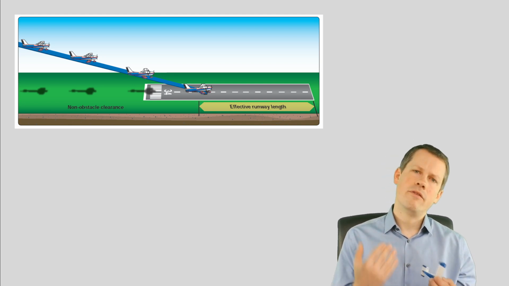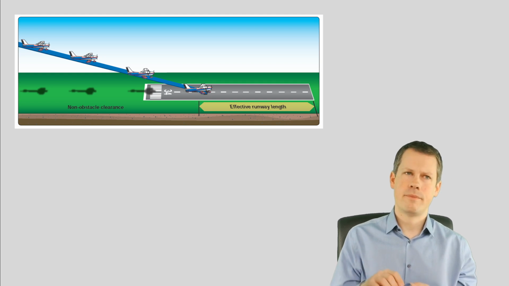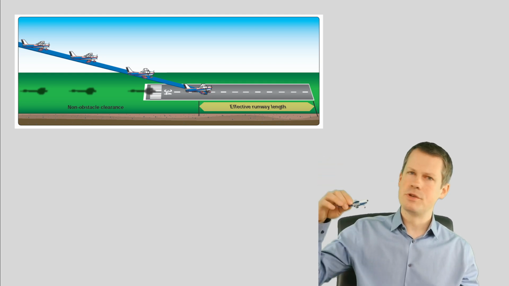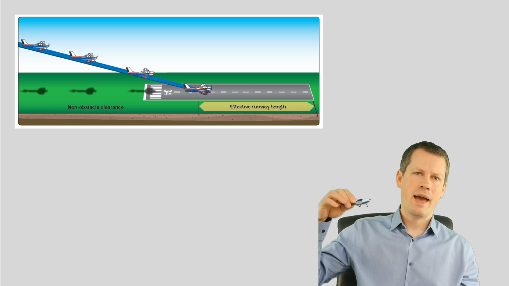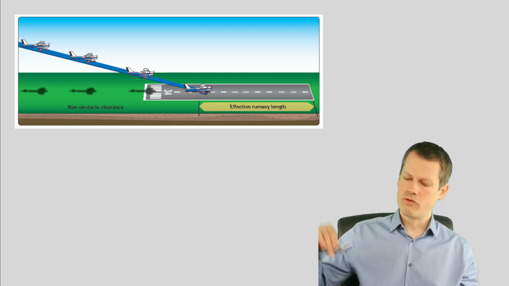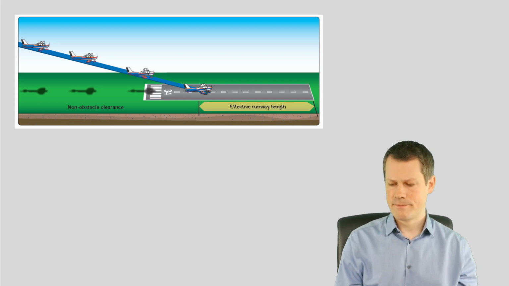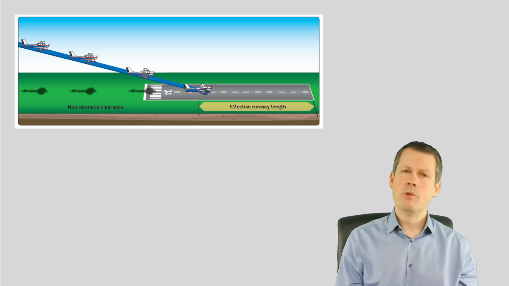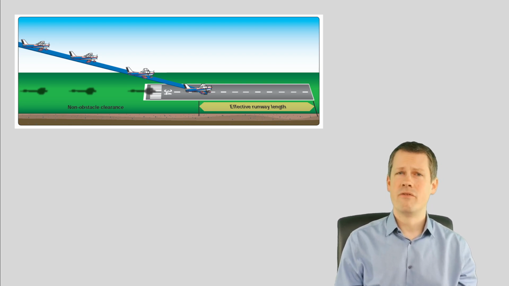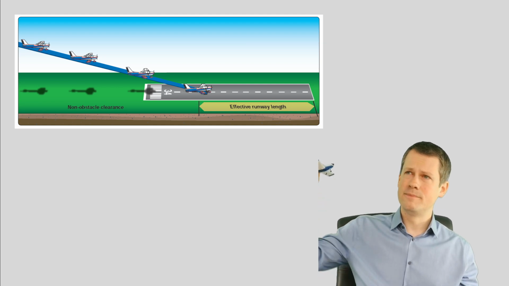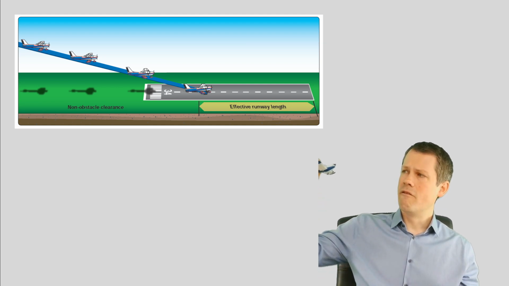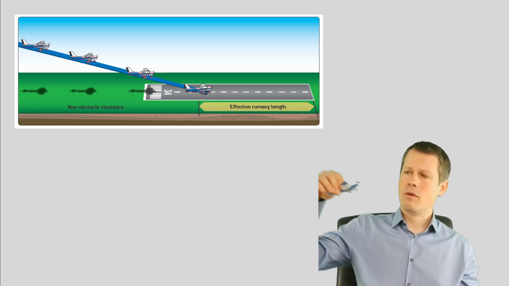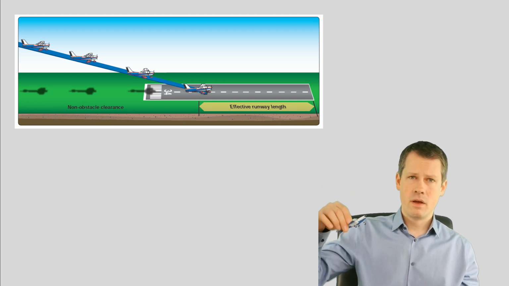So I'm just giving you those two options: coming in nicely stabilized, which is the preferred option anytime it's possible at all, and then dragging it in for really short runways. You see bush pilots doing that. If they're going into a very short runway, they're often coming in very slow. Maybe then, if there are no obstacles, pretty low.